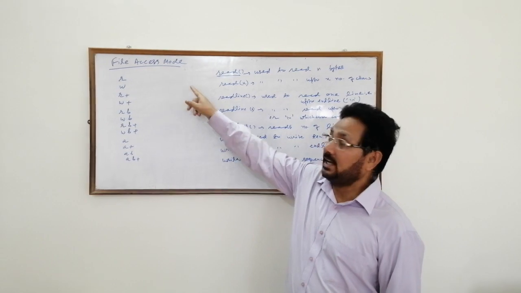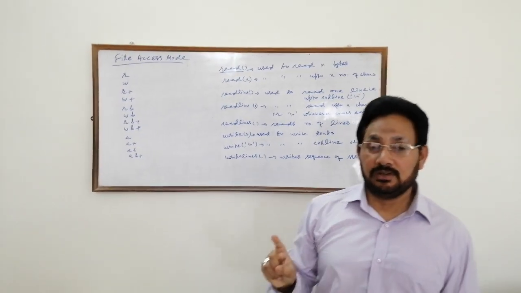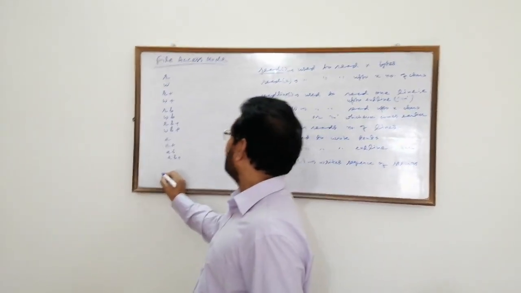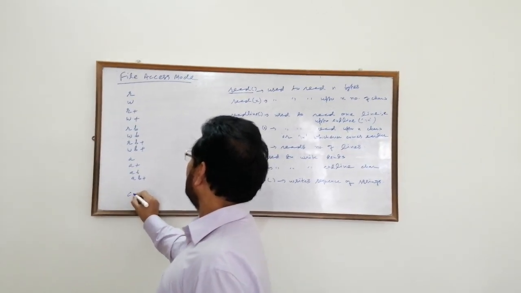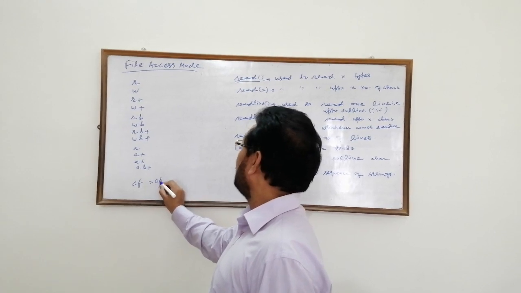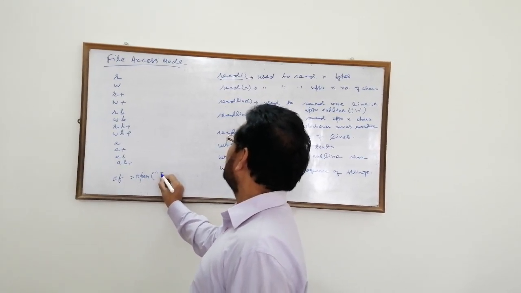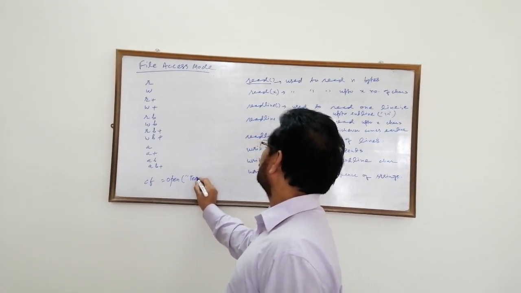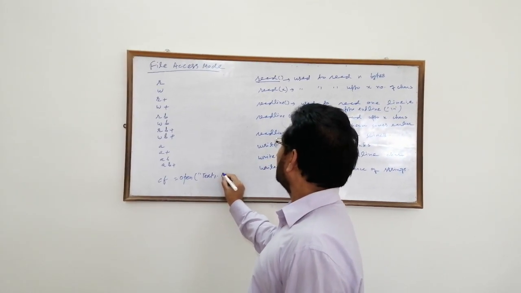When we open the file, the prototype which we have given is, suppose we take CF. This is the object we are taking. CF equals open, text1.txt.